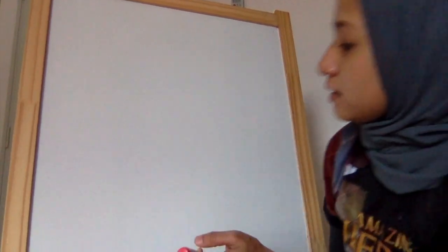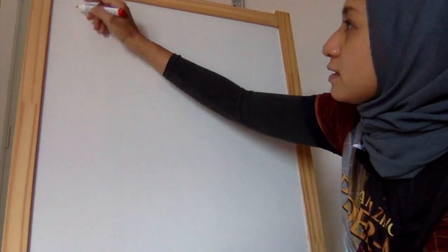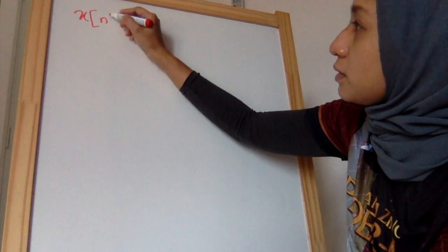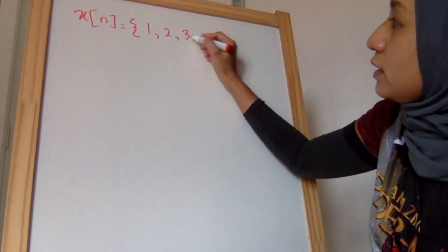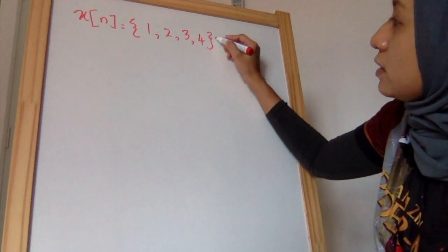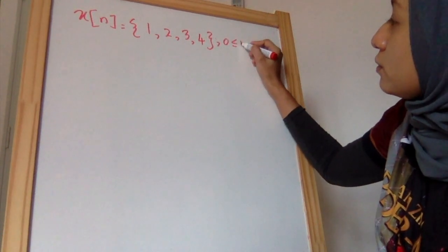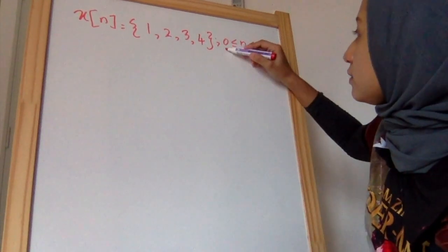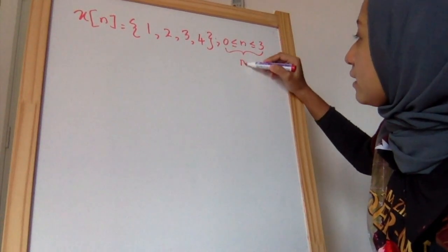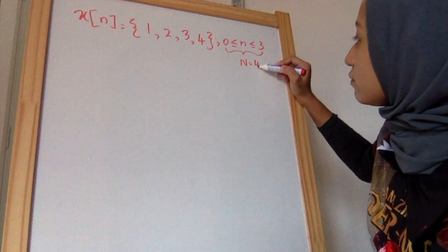If we have s[n] equal to 1, 2, 3 and 4, the range is from 0 to 3, so from here we know that your capital N value is 4.